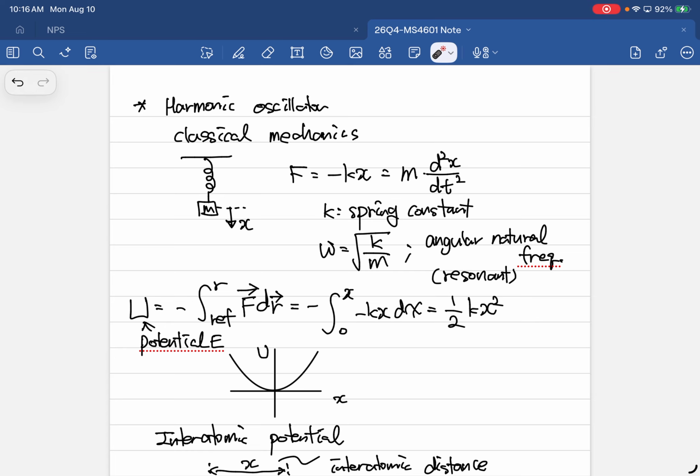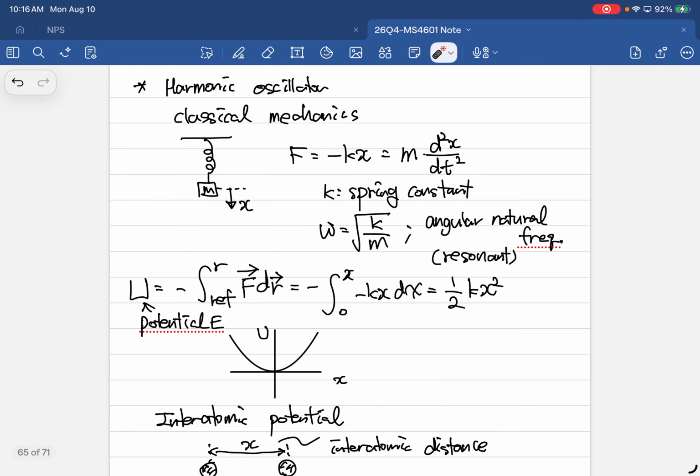In this case, one mass is attached to the spring, and this is the initial or equilibrium position. Then we extend it and let go, and it vibrates. That vibration is simply a harmonic oscillator. For that, we start with the force balance, that is F equals minus kx, with k being the spring constant and x the displacement, and this is Newton's second law, right?